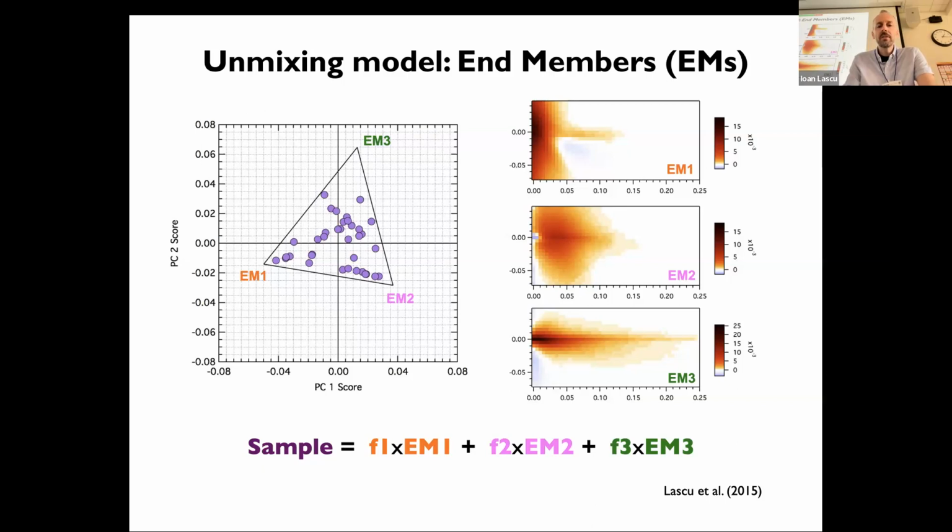The other thing was this linear additivity of the end members. So is this satisfied? Does anybody want to chime in and say if this might be happening or not? Anybody who's used it?